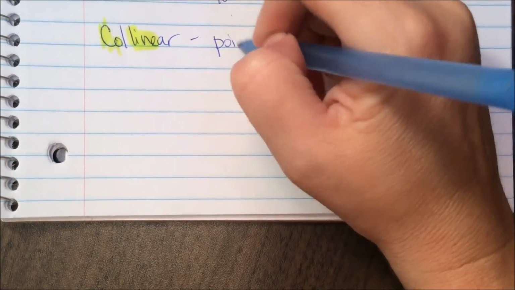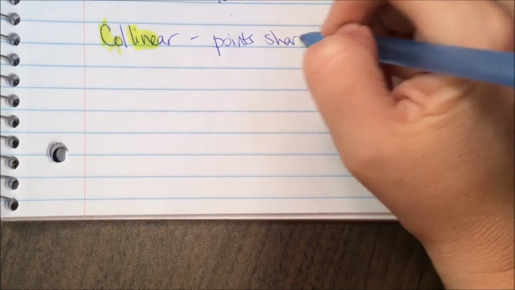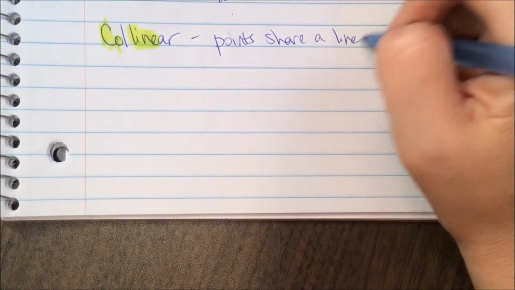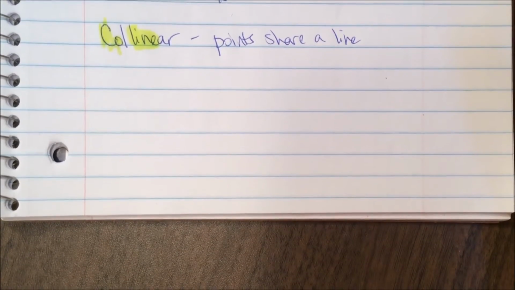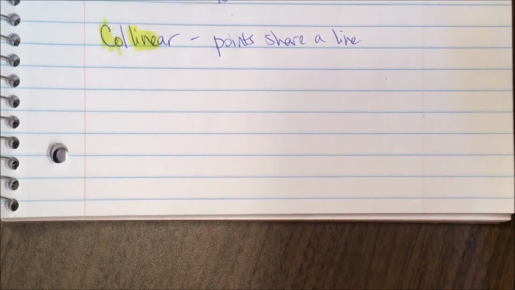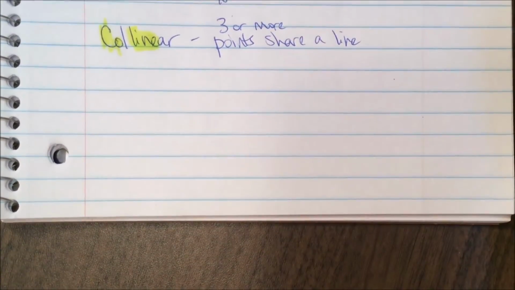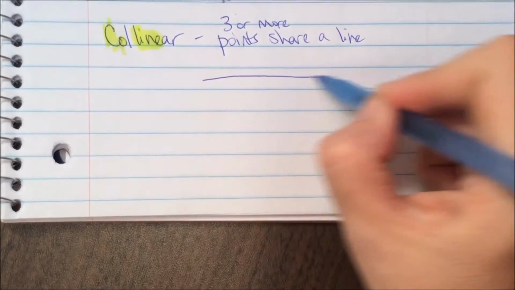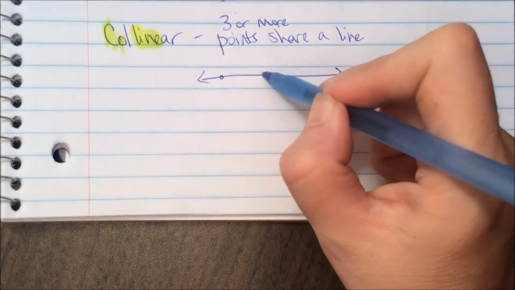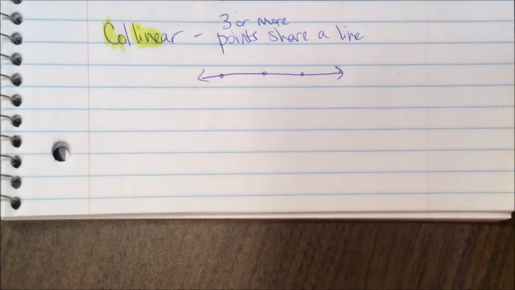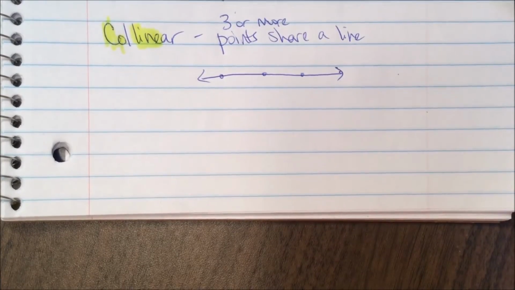And collinear means that points share a line. And more than that, it's three or more points share a line. So we got a line and we have 3 or more points on that line. So that means collinear.